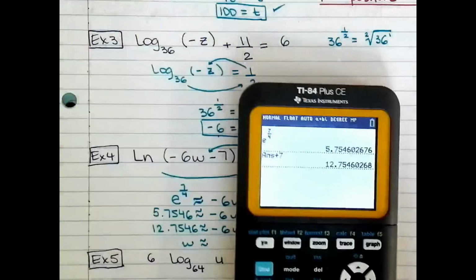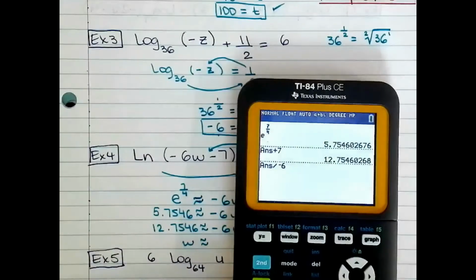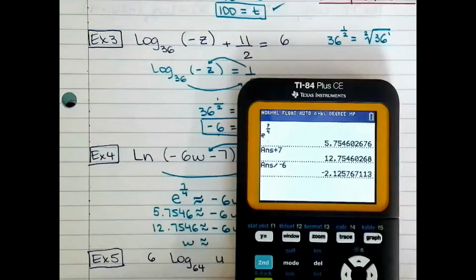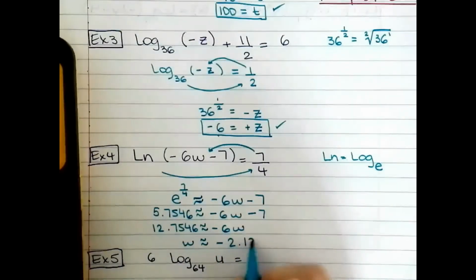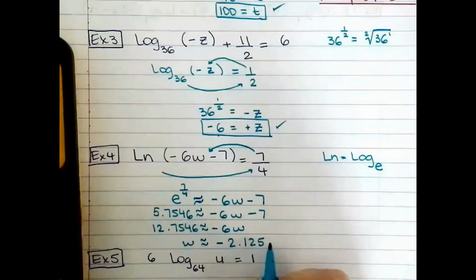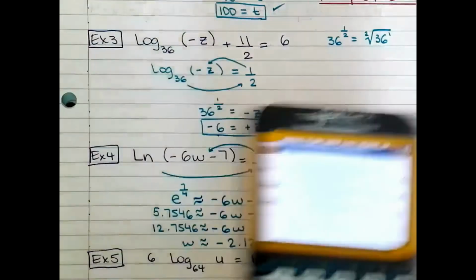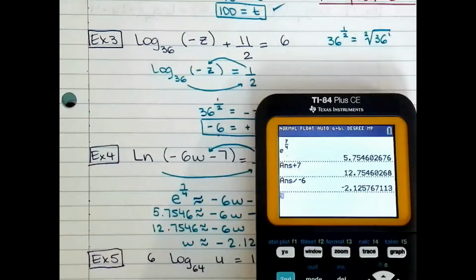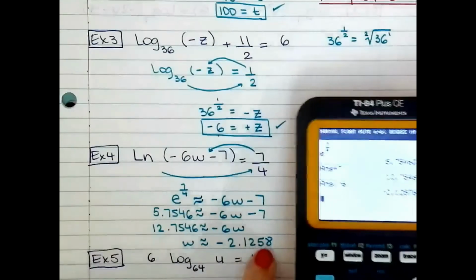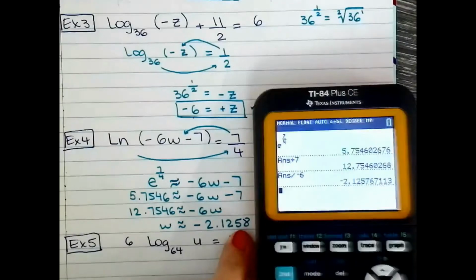The result is about negative 2.1257, so I'm going to round it.